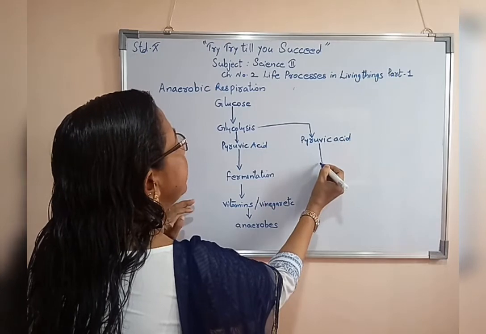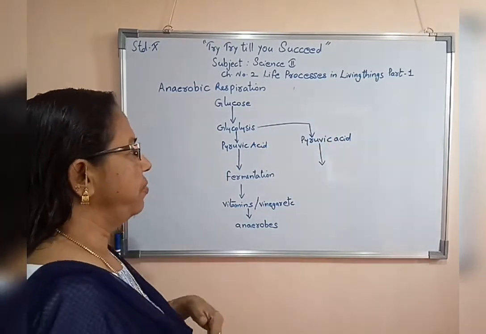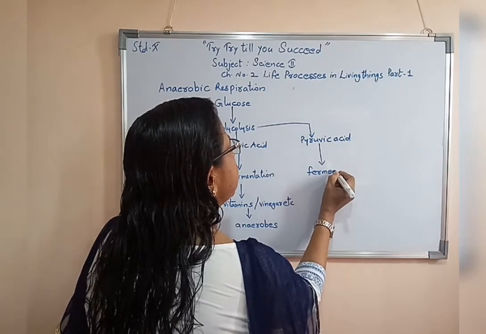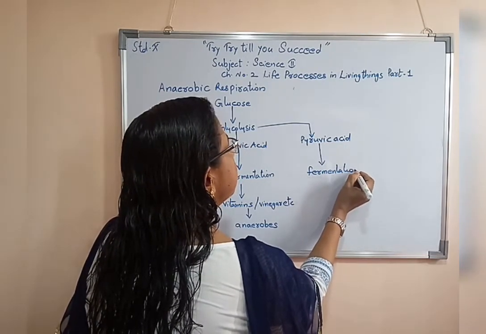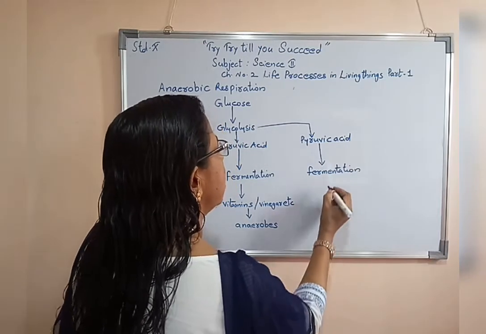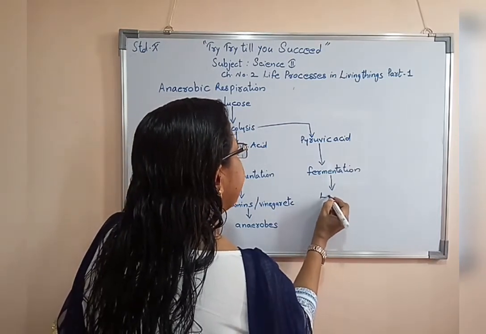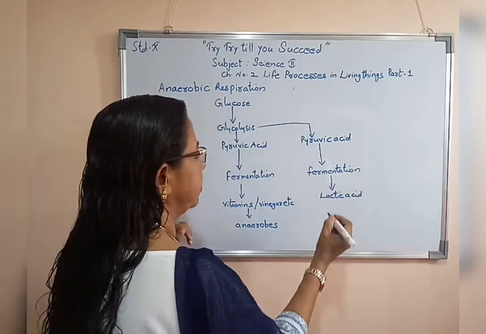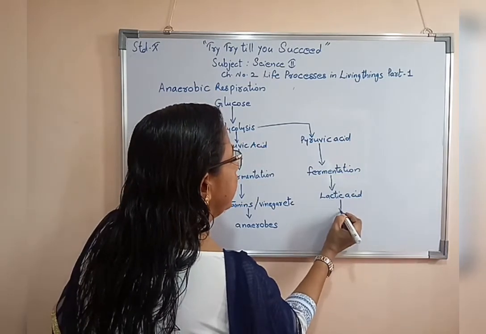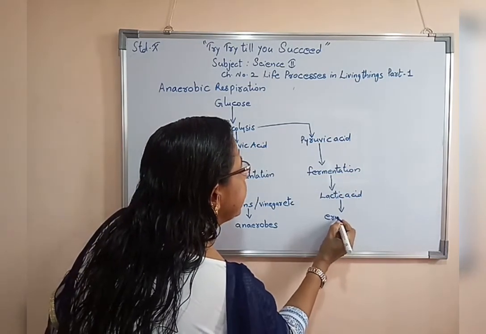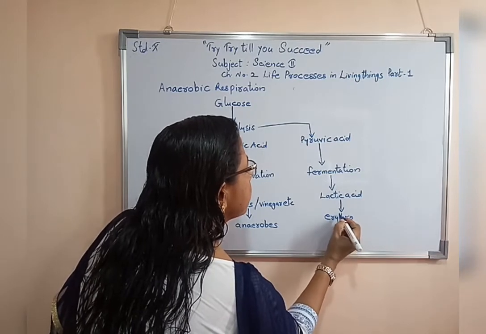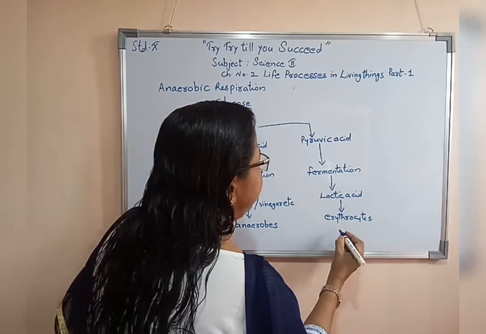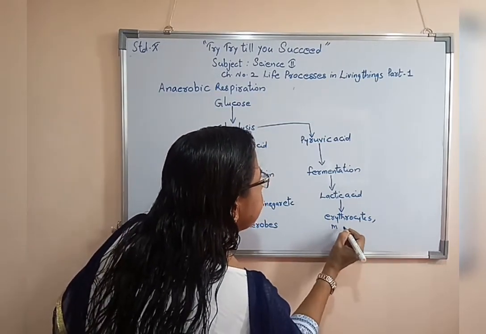This pyruvic acid, as a result of fermentation, produces lactic acid. This is done by erythrocytes as well as muscle cells.